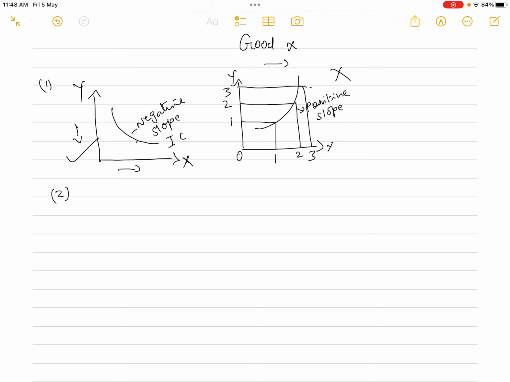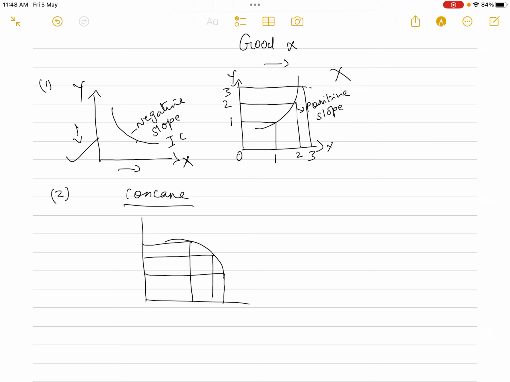Suppose let us assume it is concave. If it is concave, what will happen? So this is the shape of concave. Okay, so now what is happening? You can see that this delta Y keeps on increasing. So you can see that this gap keeps on increasing, isn't it?